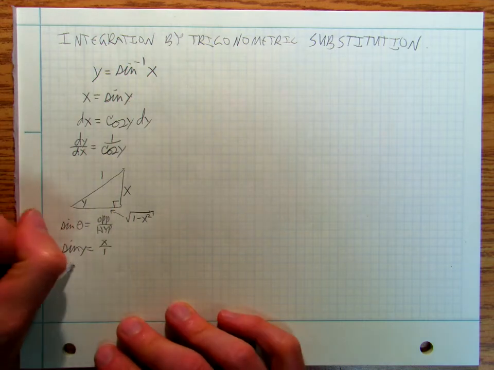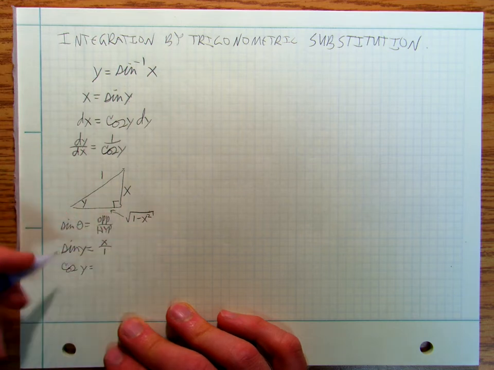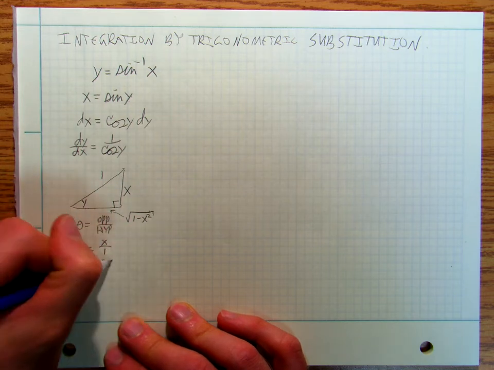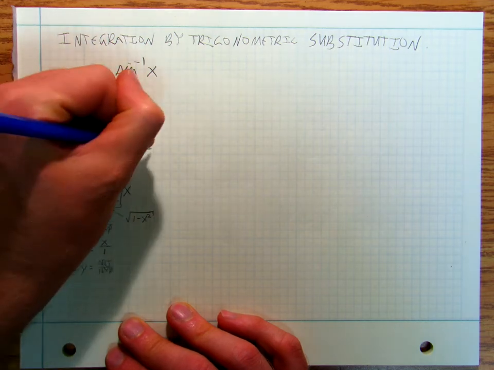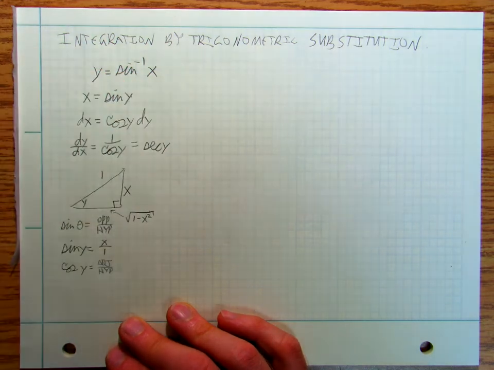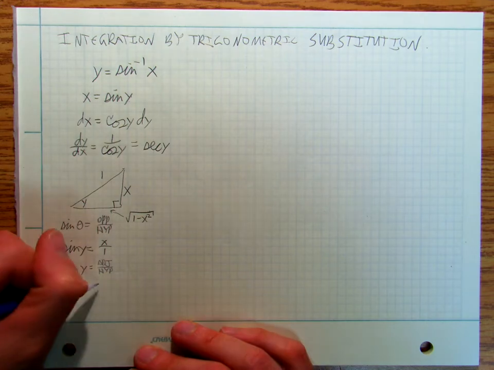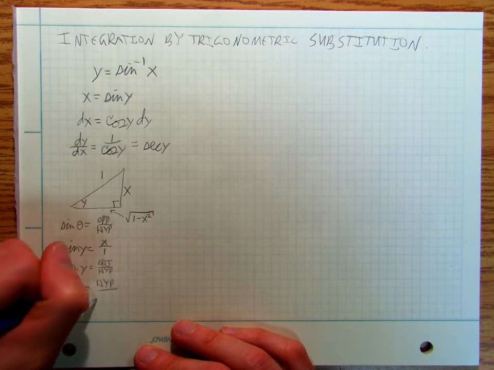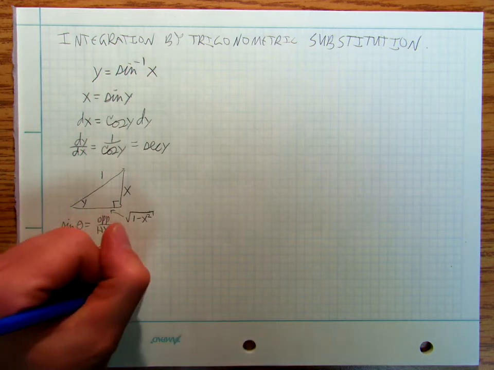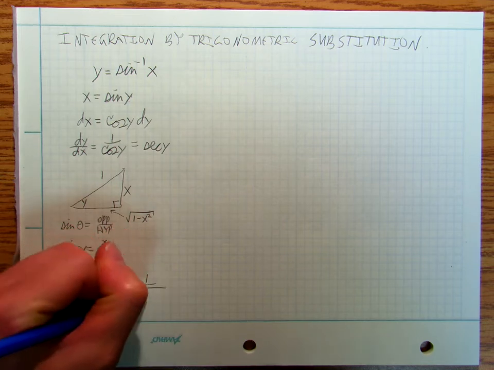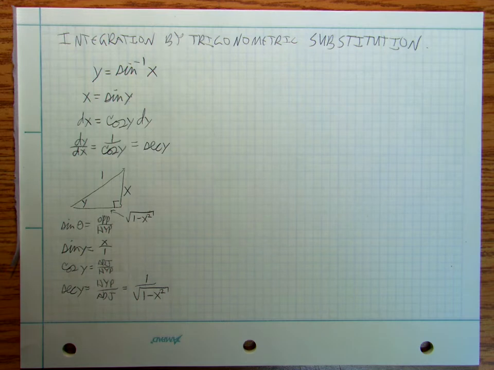And then cosine y is equal to adjacent over hypotenuse, or we could call that secant y. And so we could say secant y is equal to hypotenuse over adjacent, which is going to be 1 over the square root of 1 minus x squared.